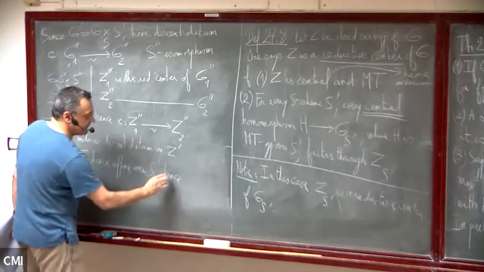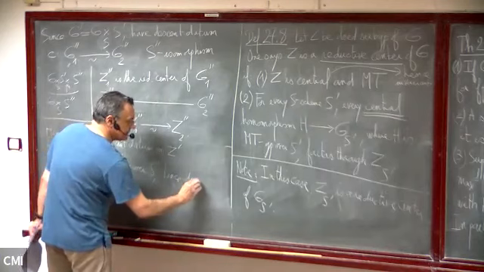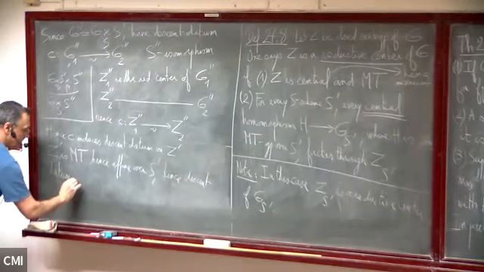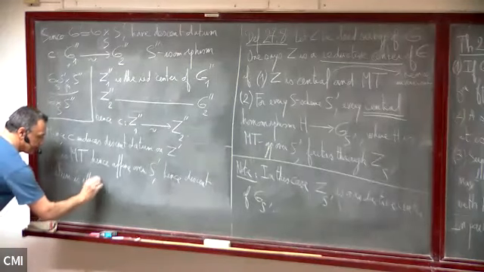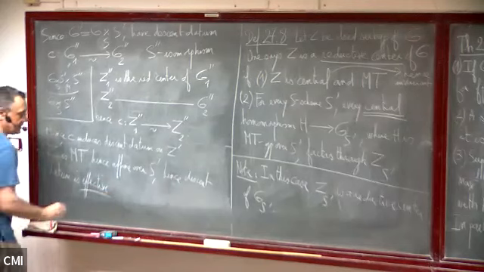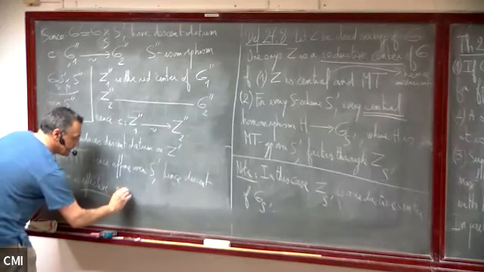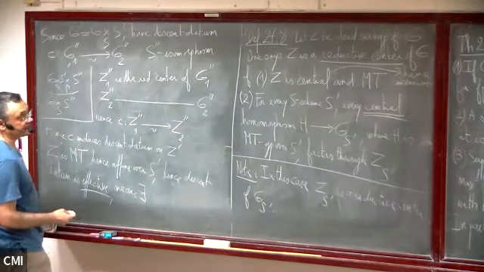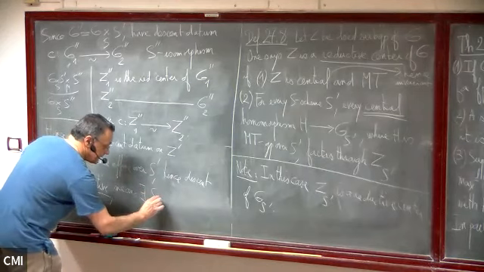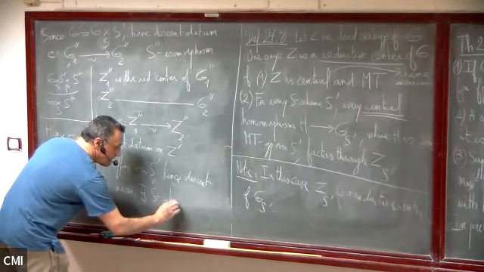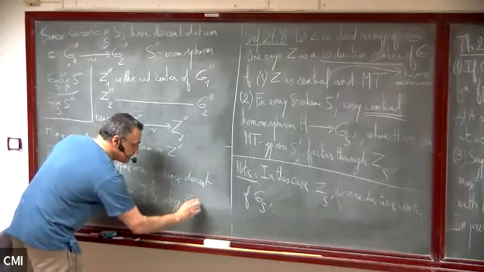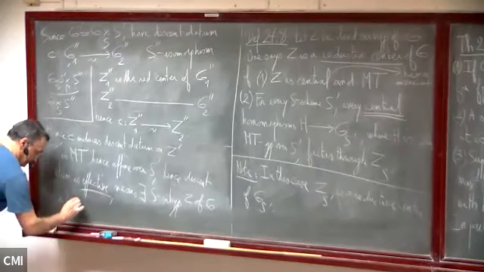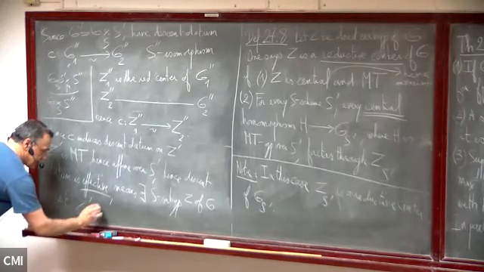Hence, as we have seen in August, the descent datum is effective. Which means that there exists a subgroup Z of G such that Z prime is the base change.